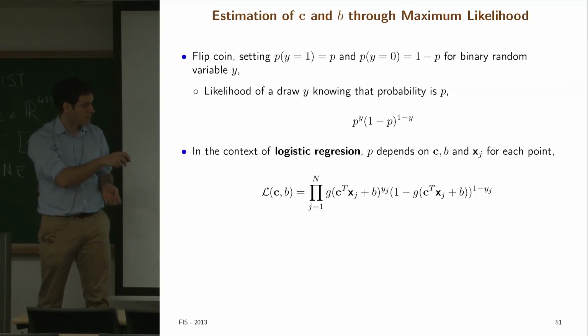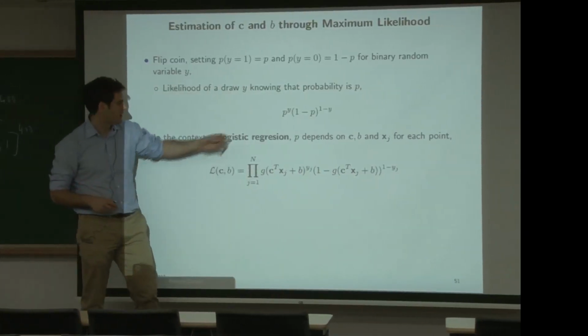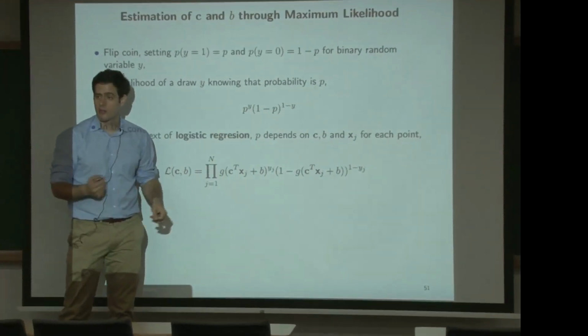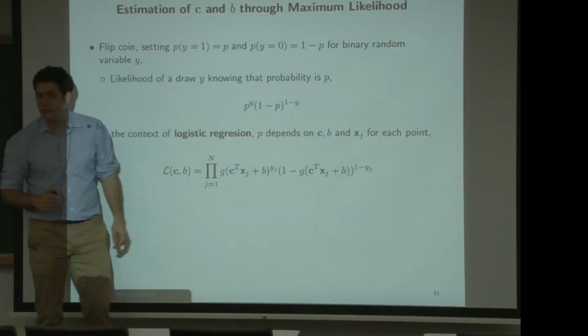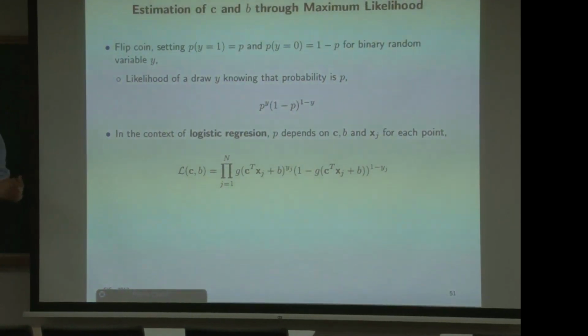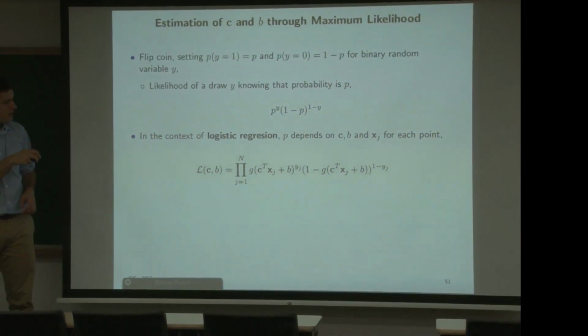It's just this. It seems a bit complicated for such a simple thing, but if y equals 1, then the probability is p. And if y equals 0, then you have 1 minus p. So it's just a slightly complicated way of writing something very simple. This and this are the same.